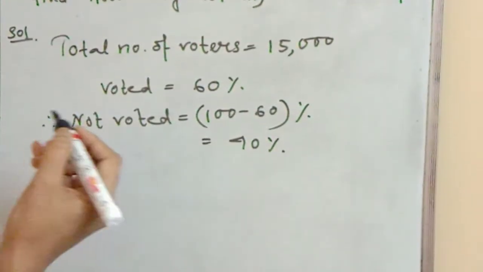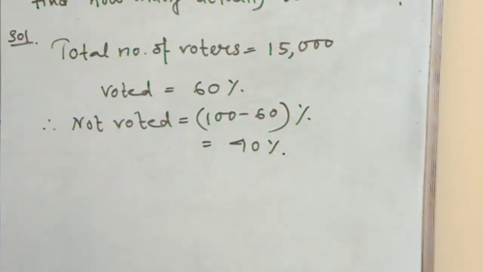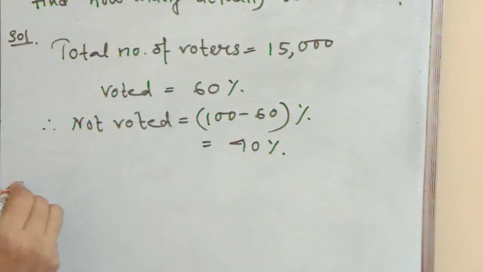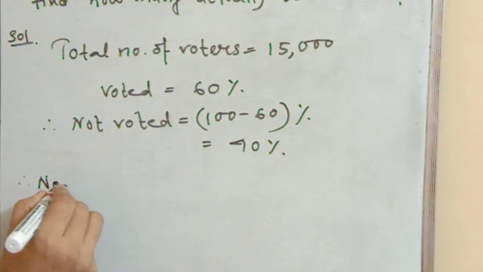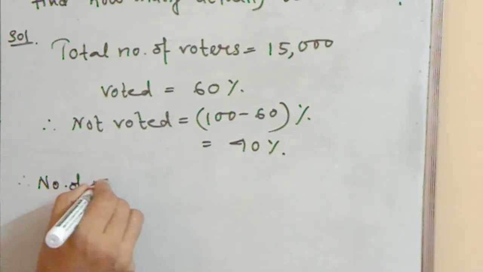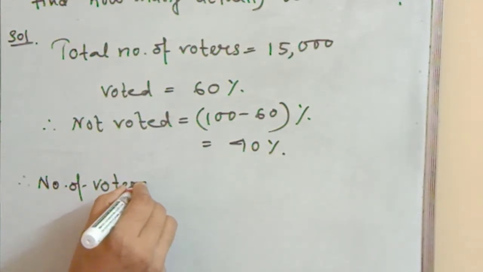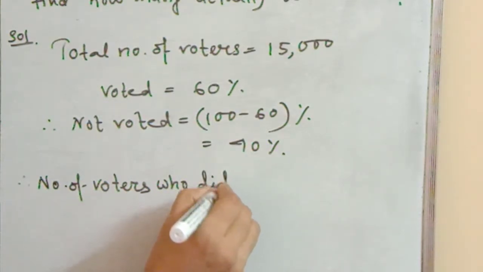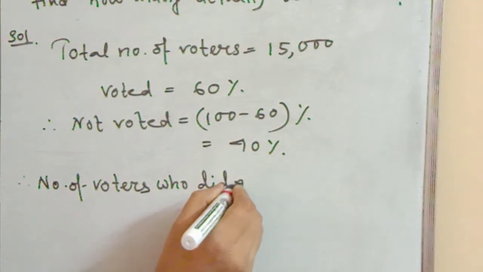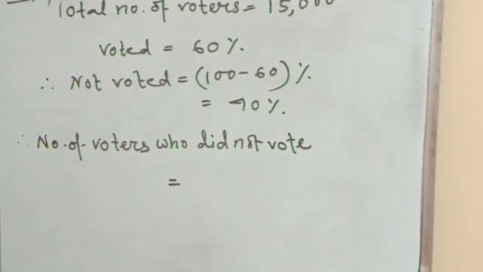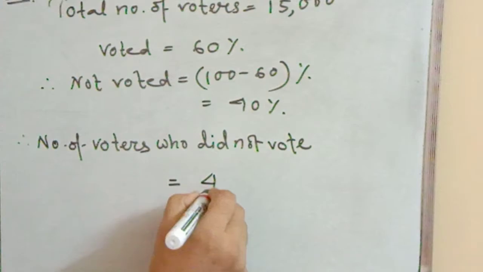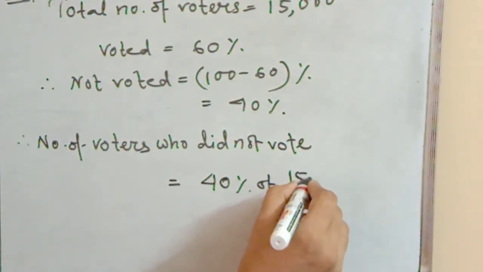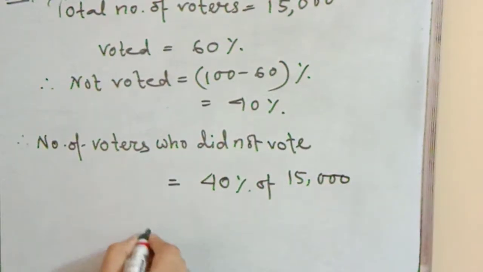Now can you find how many actually did not vote? That means the actual number of voters who did not vote. You have to find 40% of 15,000. Therefore the number of voters who did not vote is 40% of 15,000. 15,000 is the total number of voters in that constituency.